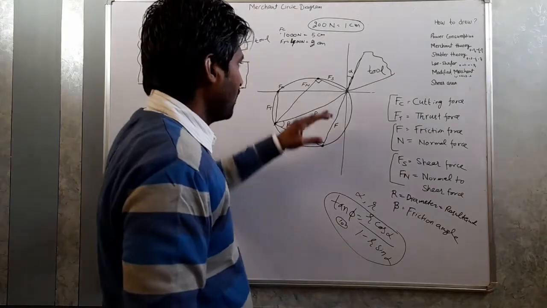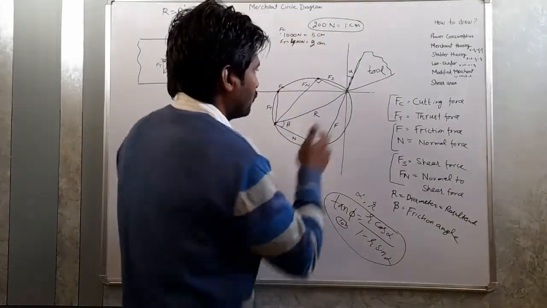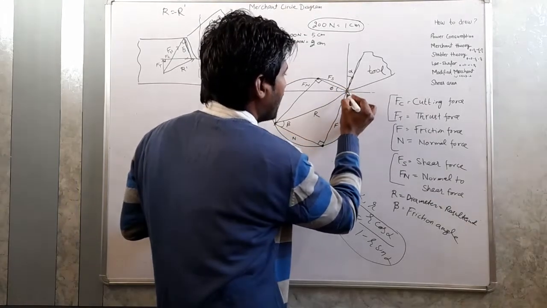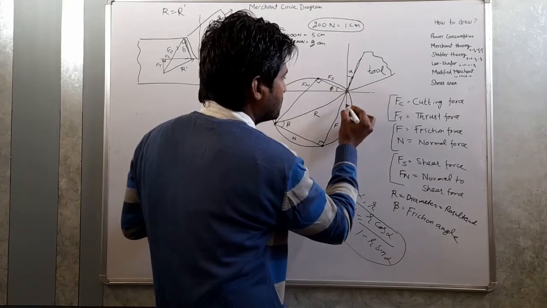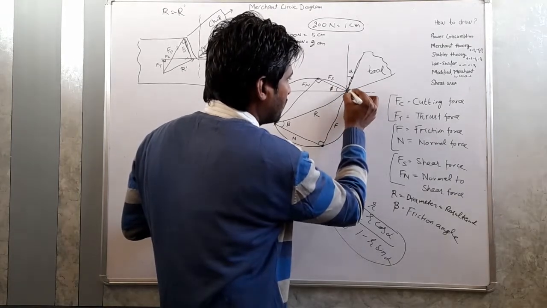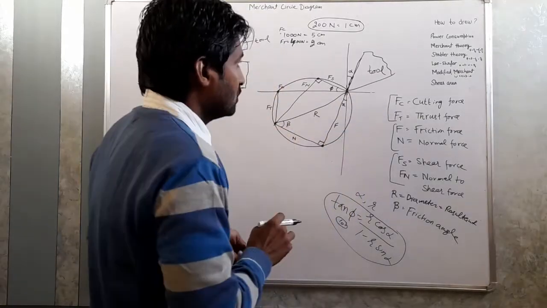Now we have all the 6 forces, and we have angle phi, and we have this angle, this is alpha. This will also be equal and opposite angle, so this will also be alpha, and this is beta.